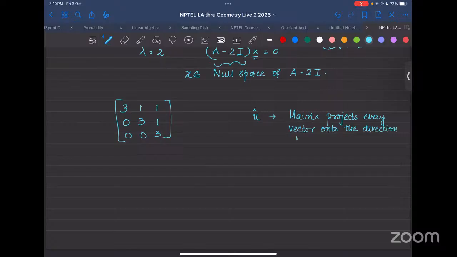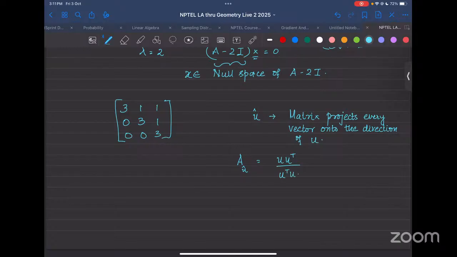That matrix, let me call it A subscript U, the matrix that is going to project all the vectors in the direction of U, is going to be given by U U transpose divided by U transpose U. This is the matrix that I have.